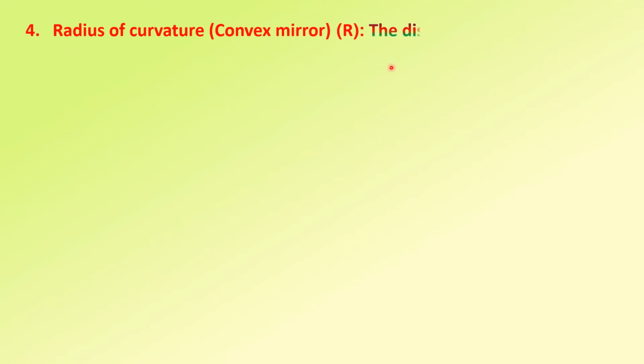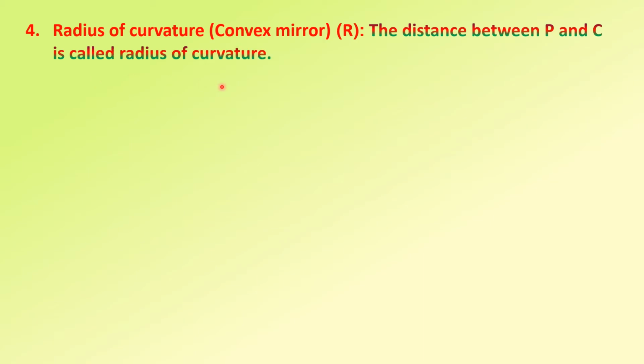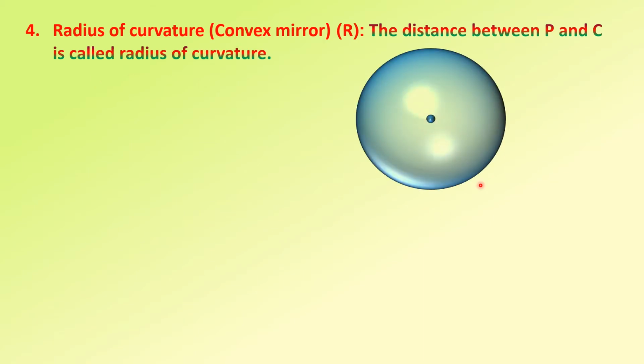Let us see the radius of curvature in case of convex mirror. The same definition is there here also. The distance between P, that is pole, and the center of curvature C is called the radius of curvature, and this is the sphere from which the convex mirror has been taken.